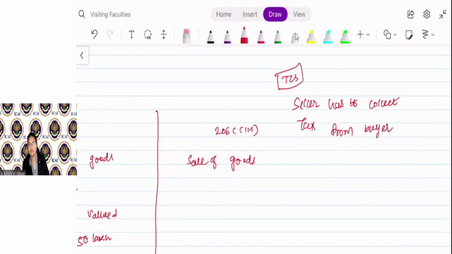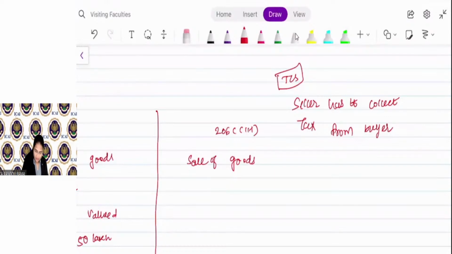Be careful. 206C(1H) will come in a later part, but I am explaining the same section here. Okay. 206C(1H) is applicable on sale of goods. Here the seller has to collect tax from the buyer on sale of goods.